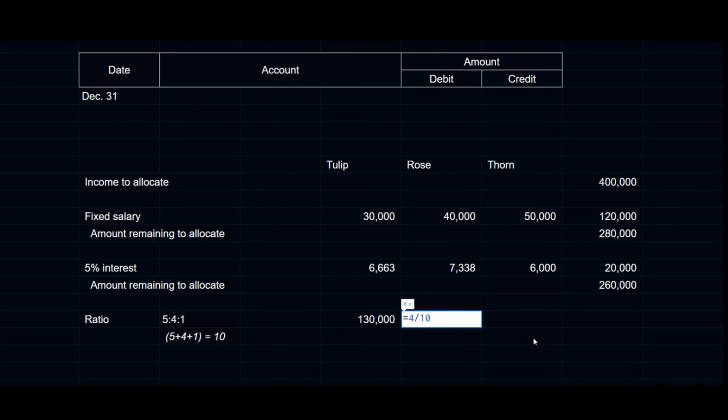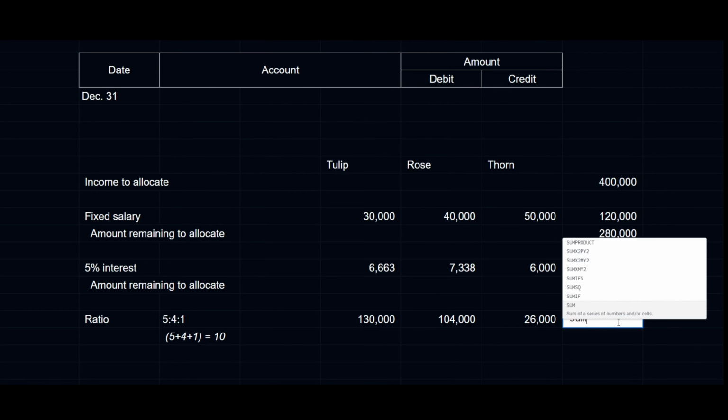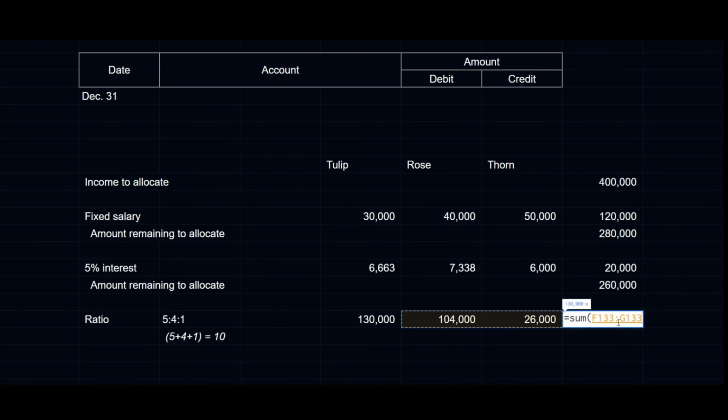We can take 4/10 and multiply that by the 260 remaining. That's 104,000. And finally, we can take 1/10 and multiply that by the 260 that was remaining, and that's 26,000. If we total this up, it equals 260,000.